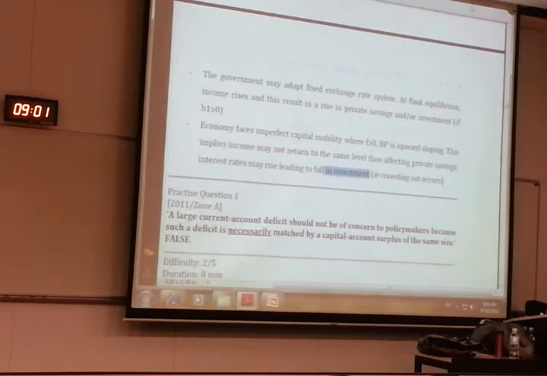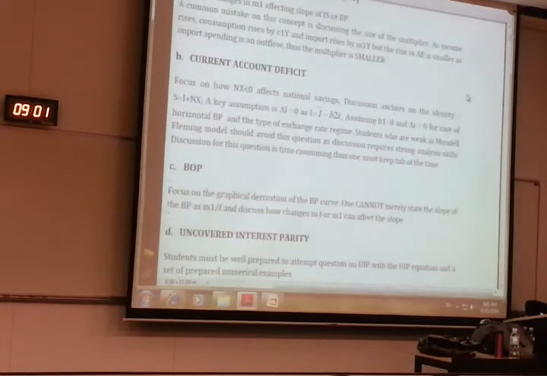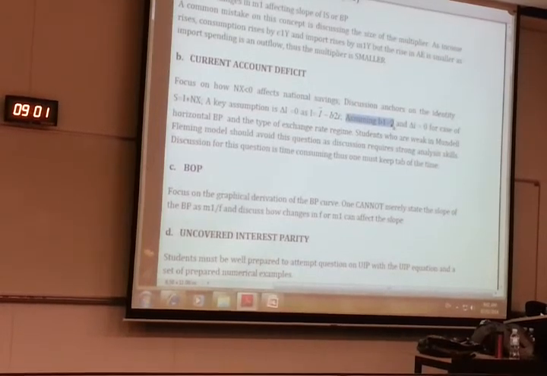Okay? So this is a very common exam question, and you must be prepared to do it. It comes up almost every year already. Okay? So focus on the identity: S is I plus NX. And most of the time, we analyze B1 being 0, so that investment only depends on interest rate.